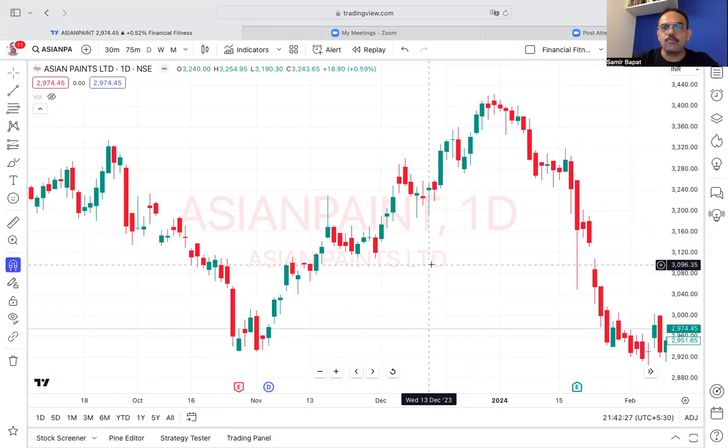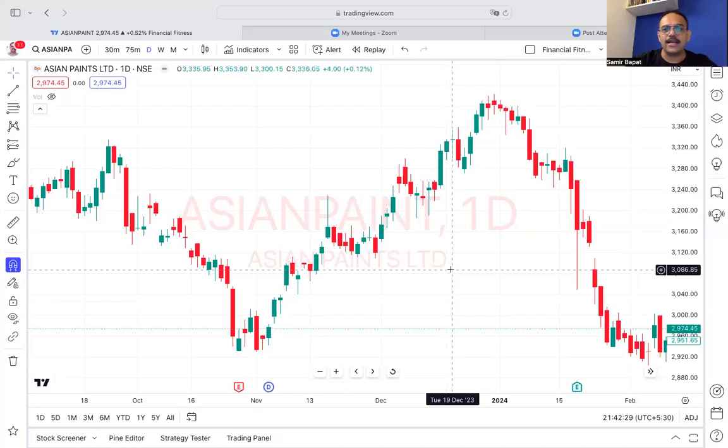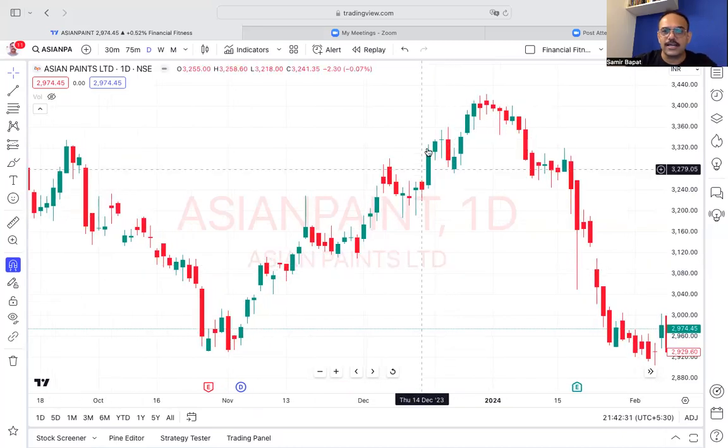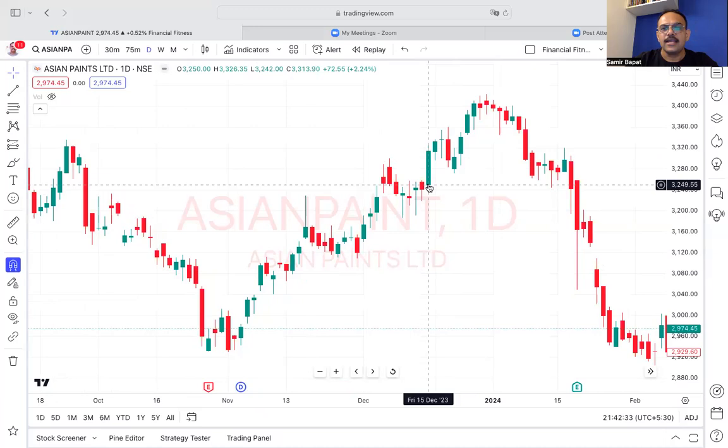Now here, let's focus on the green candles. This is a green candle, right? On 15th of December, Asian Paints, the market started and the bulls kept on taking it up here. So this was a very, very bullish candle.